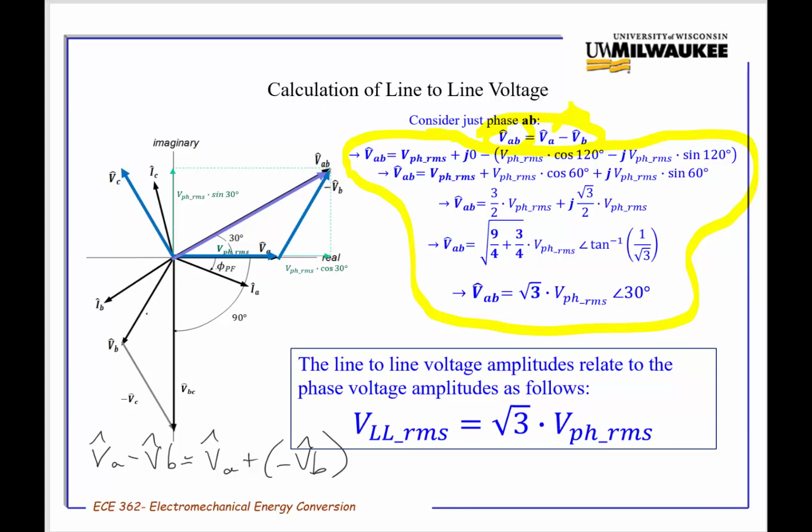There's also a 30-degree phase shift between VA, which is the line to neutral voltage of VA, and VAB, the line to line voltage. So V line to line RMS is equal to square root of 3 times the RMS value of the phase voltage.